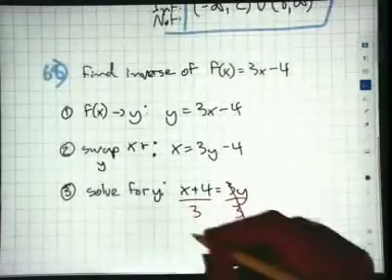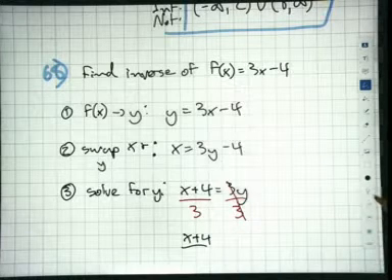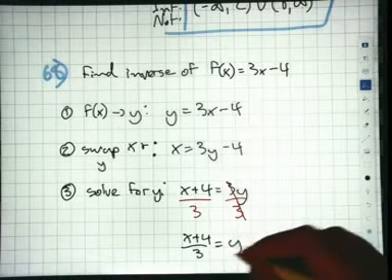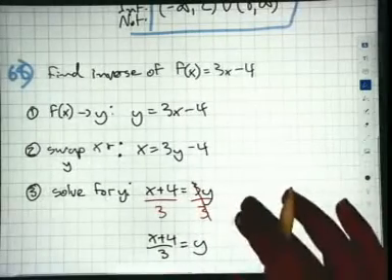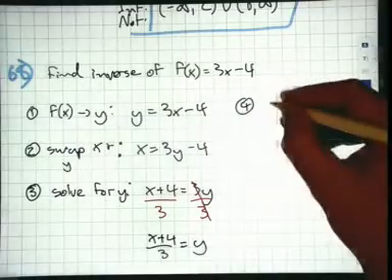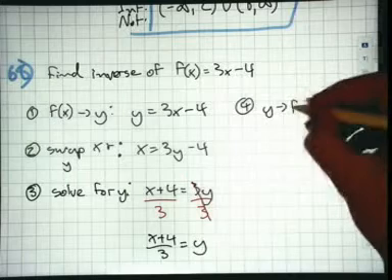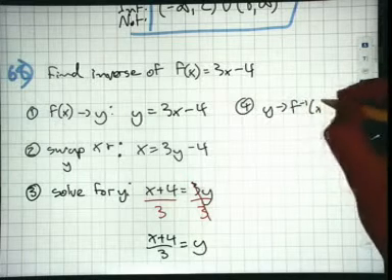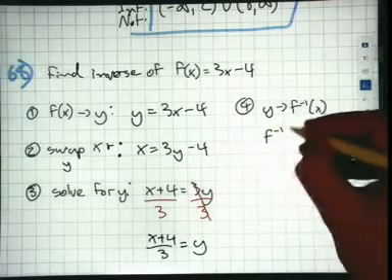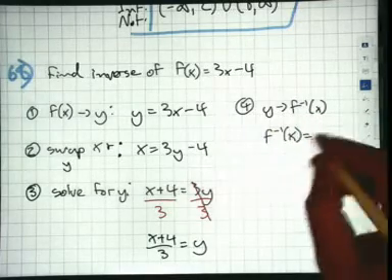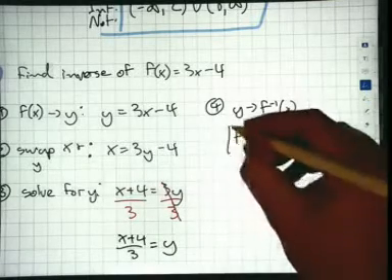So this becomes x plus 4, over 3, is equal to y. And then step number 4, take y and replace it with your function inverse notation, f inverse of x. And we now get f inverse of x is equal to x plus 4 over 3.